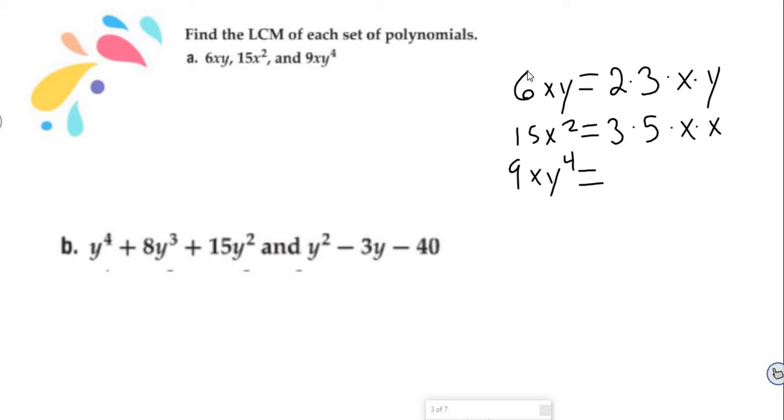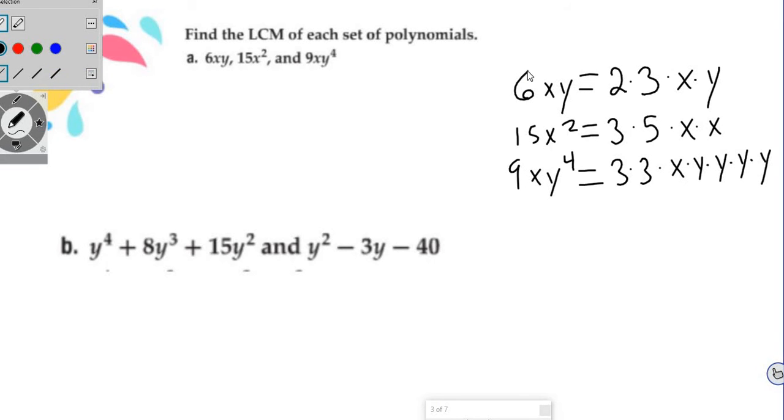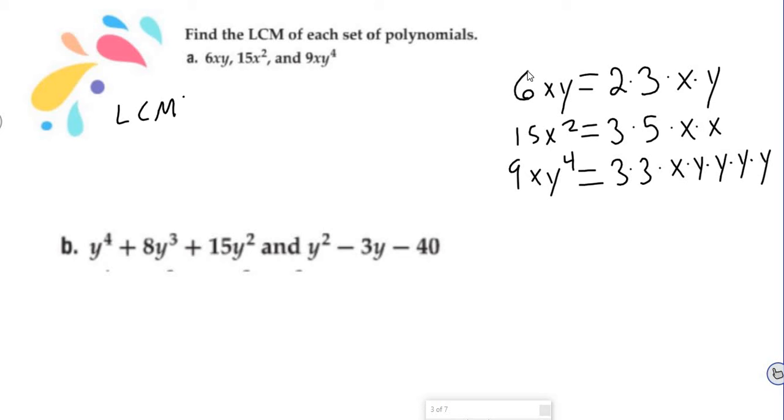And then what are my factors of 9? 3 and 3, 9x, and 4 y's. Agreed? Okay. So now, how many times did we say we have to pick one of our variables or numbers? The greatest number of times that it happens.